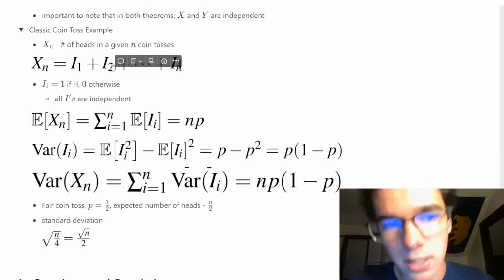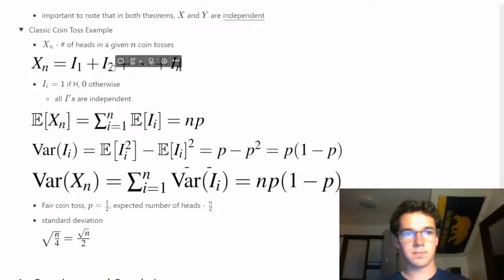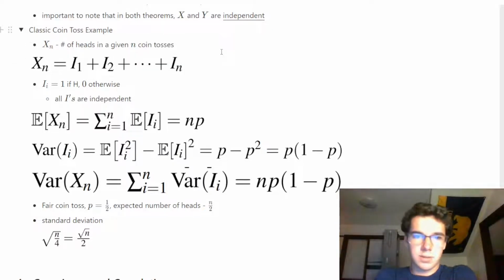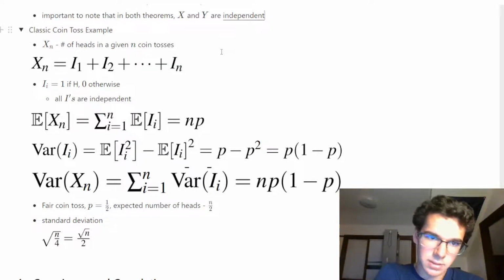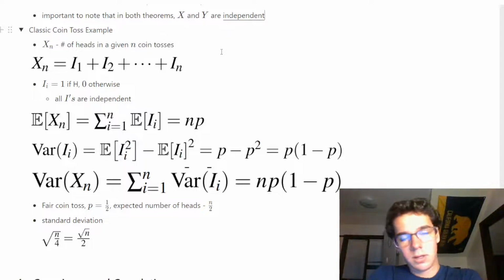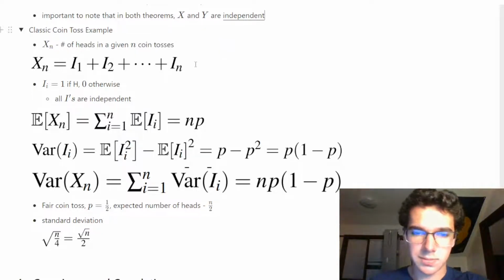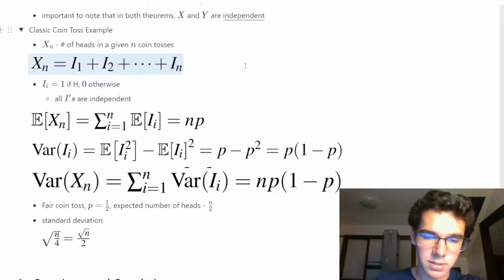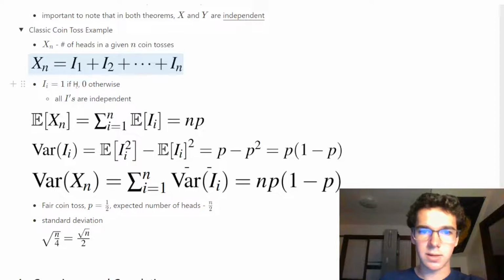We're going to say x sub n is just the number of heads in a given n coin tosses, and we're going to let x sub n equal the sum of all of those indicator random variables, where if it's equal to 1, then we have obtained heads.